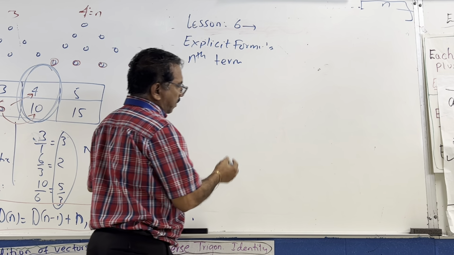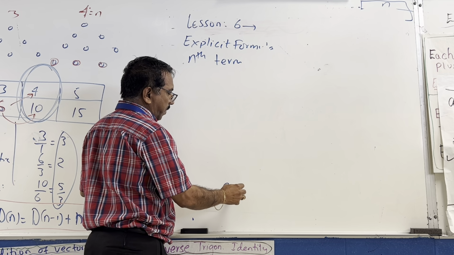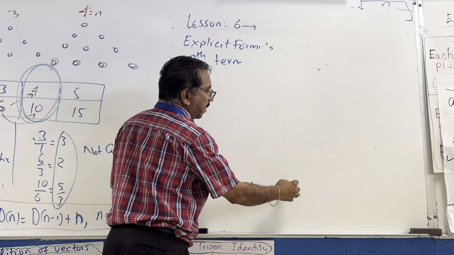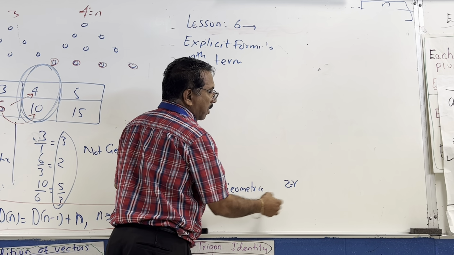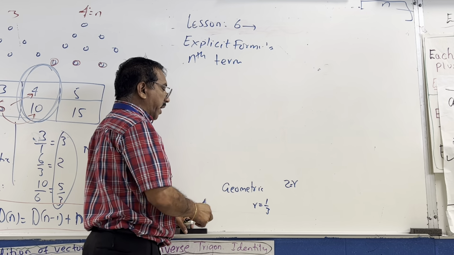Just before that, I want to make sure that when you talk about the geometric sequence, it doesn't have to always be a nice number multiplying by 2, the r. It could also be 1/3, or it could be a fraction. So be careful with that.